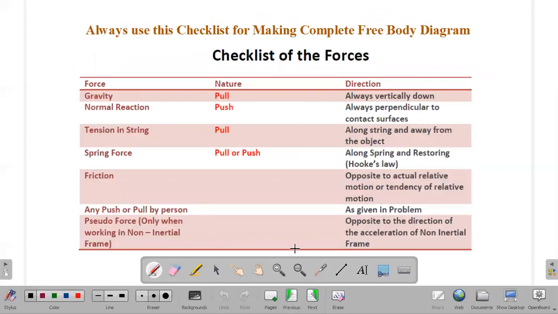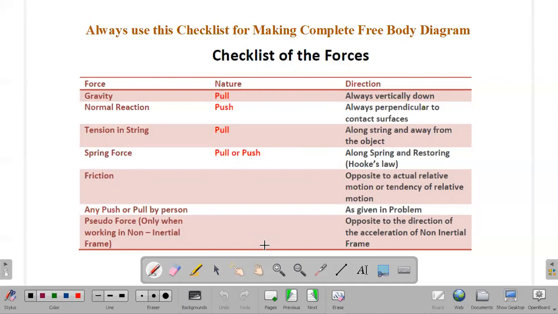So here is the list; always carry this checklist with you. Whenever you are drawing the free body diagram of any object, just check this list to see if you have considered all the forces on the object, because many times it happens that you draw the free body diagram and some forces are missed out, and finally you end up with the wrong answer.